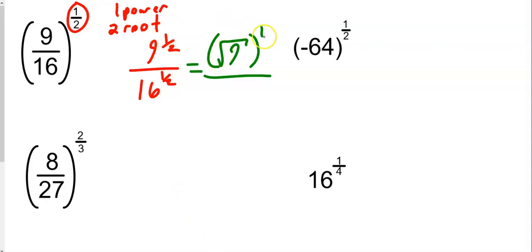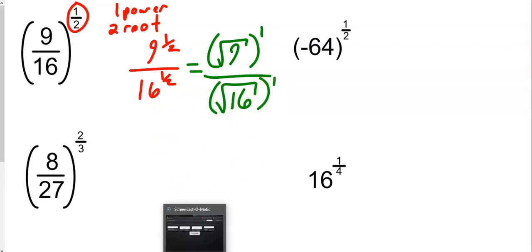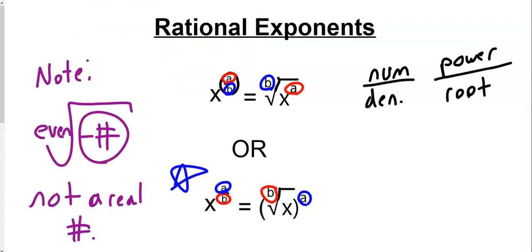The 1 was the power. Down below, we're going to take the square root of 16 because it's a 2 in the denominator, and we're going to raise it to the 1 power. Okay? So all we did was take it from the rational exponent into the radical, like what we talked about right here on this page. Taking it from the rational to the radical.